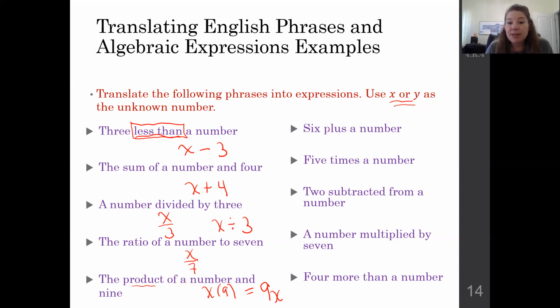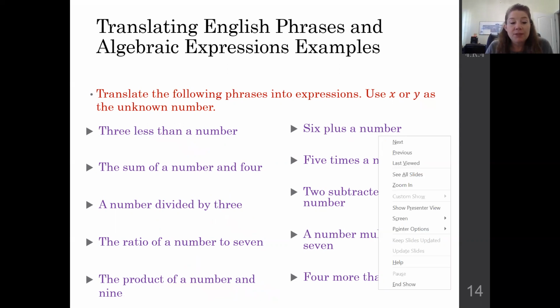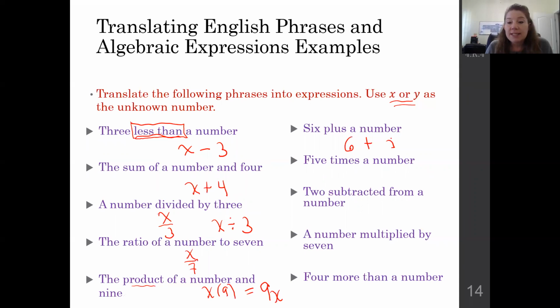All right, up here, 6 plus a number. Let's go back. There we go. 6 plus a number. 5 times a number, that's multiplication. 5 times a number. 2 subtracted from a number.